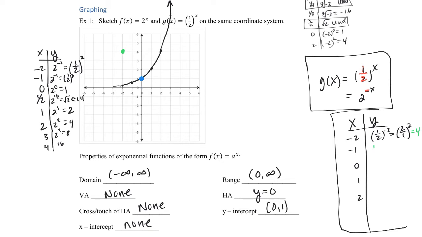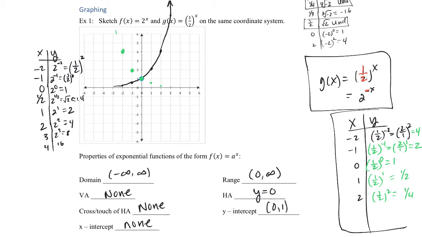At negative 1, we'd have 1/2 to the negative 1, so the reciprocal 2/1 to the positive power. At 0, we still have the same y-intercept of (0, 1), and then we have a 1/2 and a 1/4, because 1/2 squared is 1/4. Then it's going to come down, and we'd be at an 1/8, a 16th.